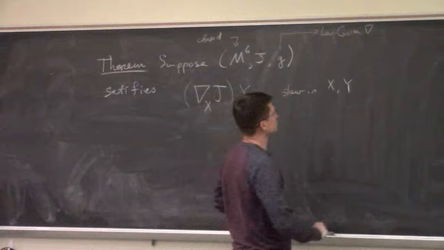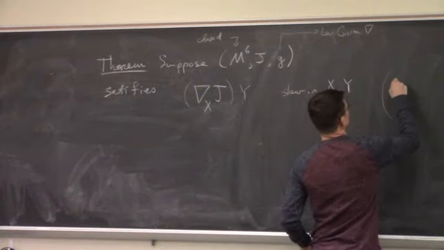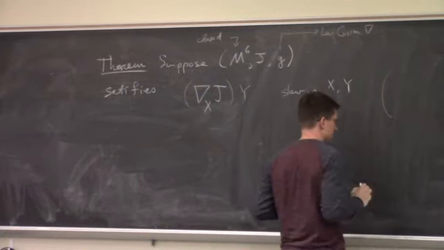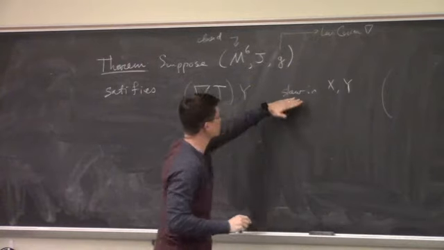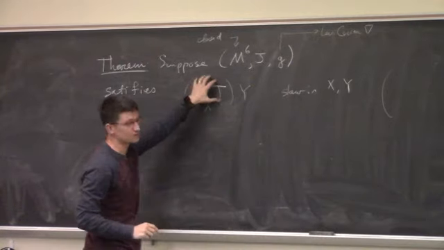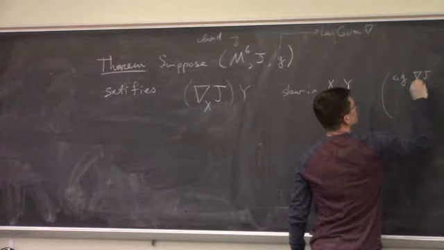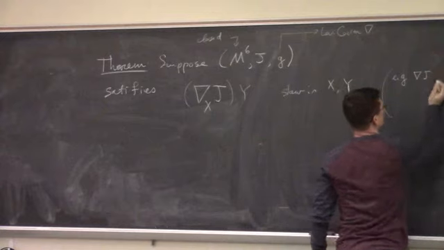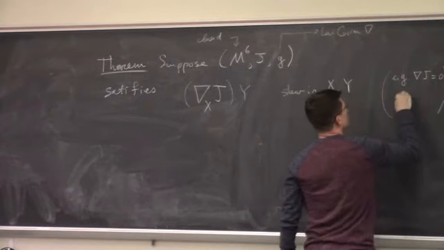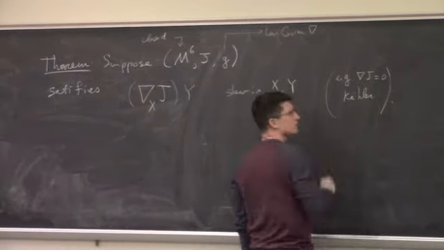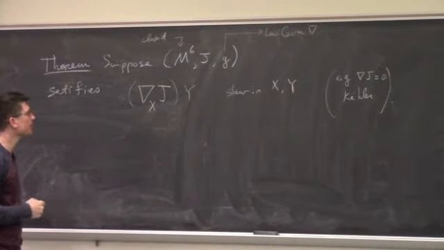Just to relate this to a case you might have known, there's an obvious special case of skew, which is when this is 0, for example. When this is 0, this corresponds to something called nearly Kahler. Right.